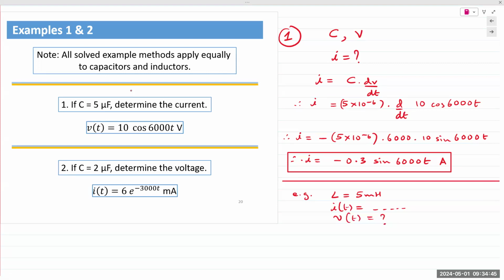And the procedure would be the same. Again, simple math, right? You apply the equation where voltage for the inductor is L di over dt. Does that make sense to everyone? And so that's why I said all of these examples apply equally to an inductor and a capacitor. We're looking at both. Given the voltage, you find the current, and given the current, you find the voltage.